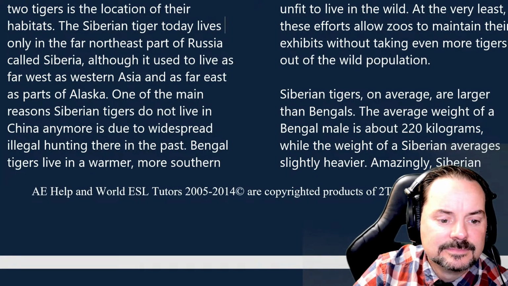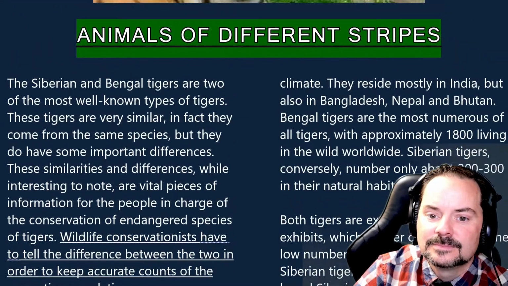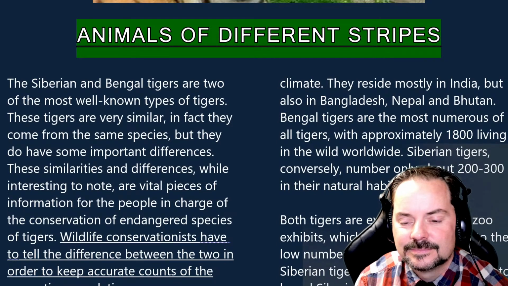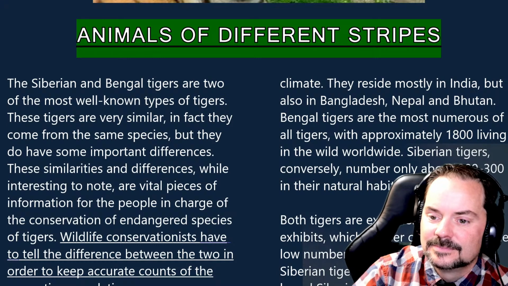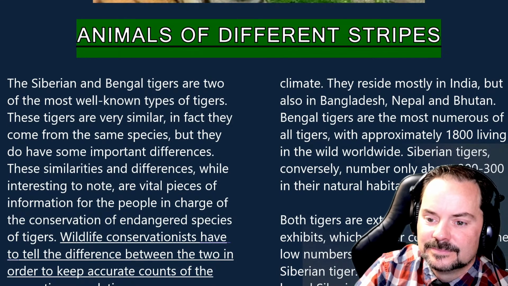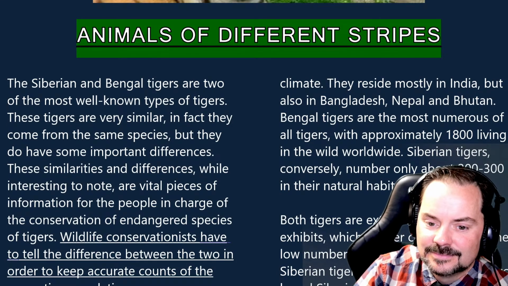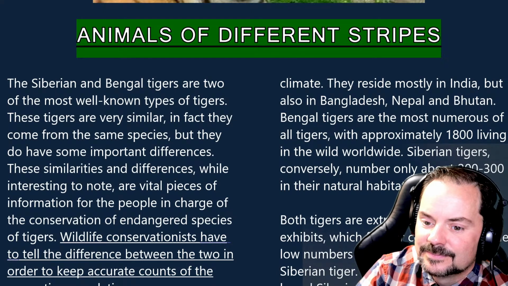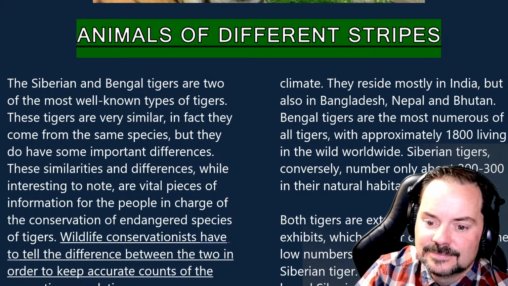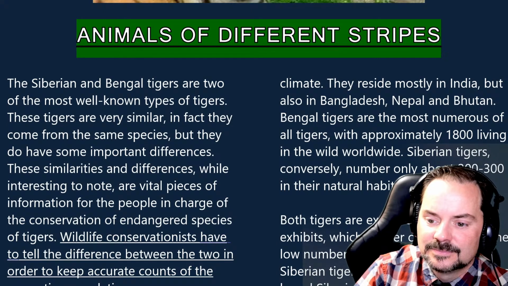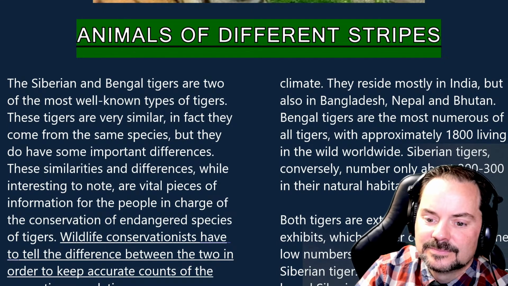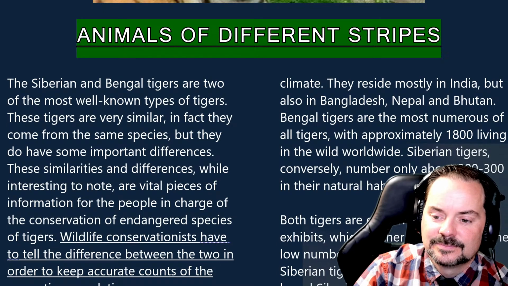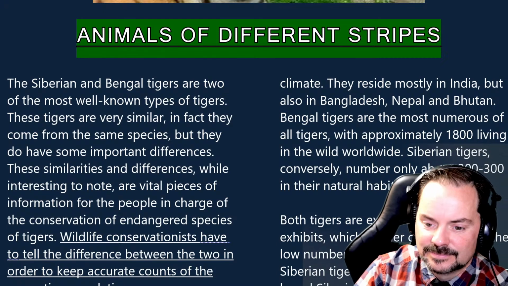Bengal tigers live in a warmer, more southern climate. They reside mostly in India, but also in Bangladesh, Nepal, and Bhutan. Bengal tigers are the most numerous of all tigers, with approximately 1,800 living in the wild worldwide. Siberian tigers, conversely, number only about 200 to 300 in their natural habitats.